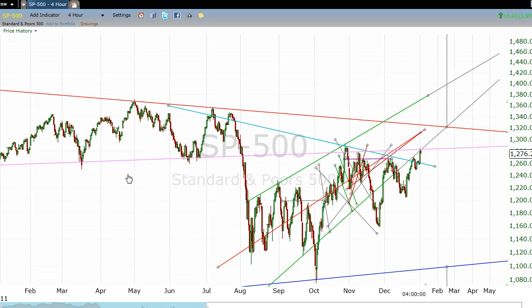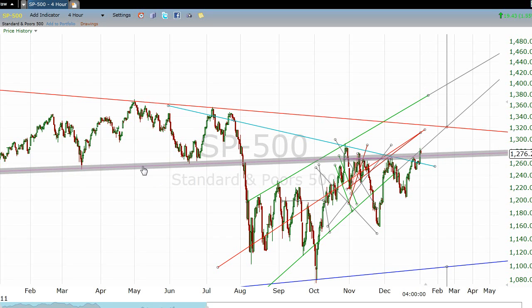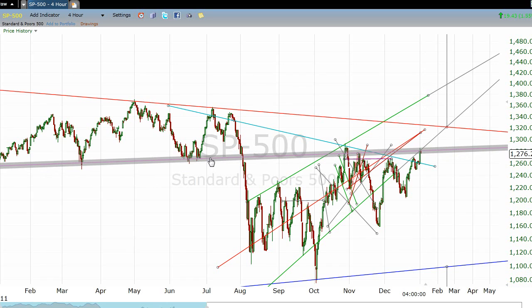But if we use the closing prices over here as our neckline, then we didn't really quite get over that today. So this line had been drawn down here over the intraday low, in which case we did get over it. But to be safe, and before calling that a breakout over the neckline, I am going with a slightly more conservative line here as we approach it from underneath.